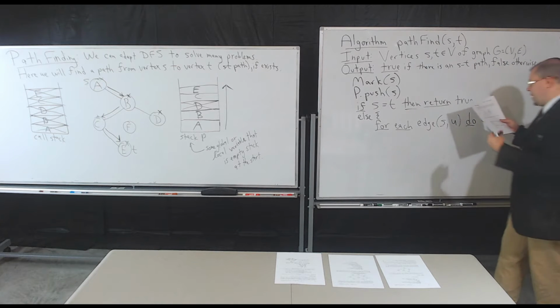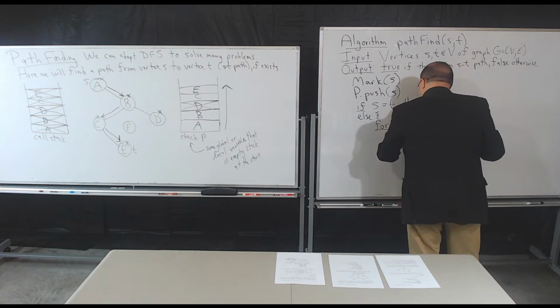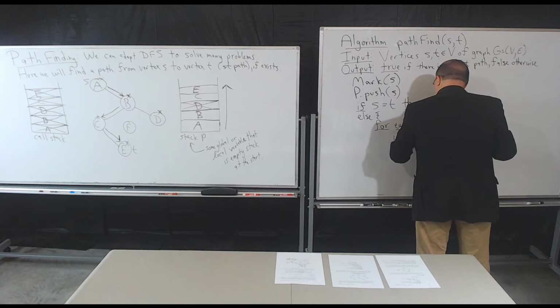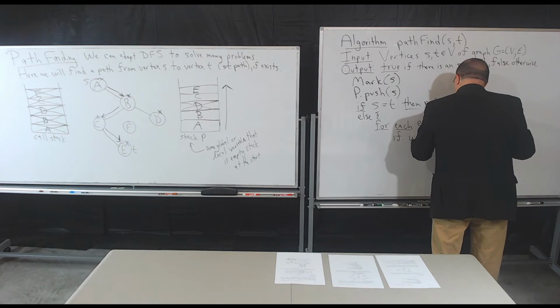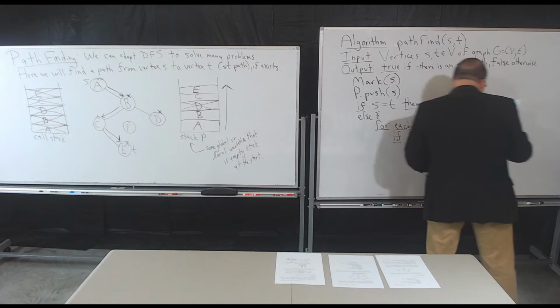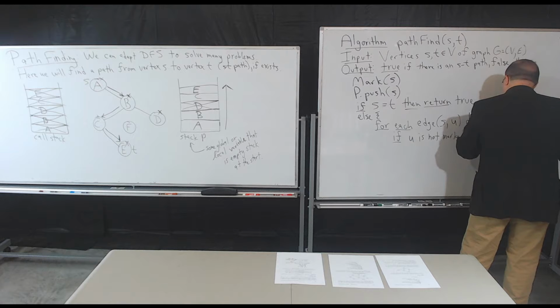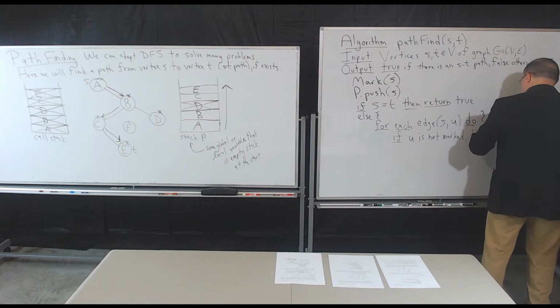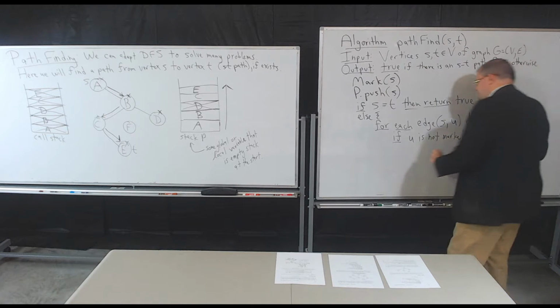So if I know that U is not marked, remember, we only care about the ones that aren't marked right now. So if U is not marked, then what do we do?